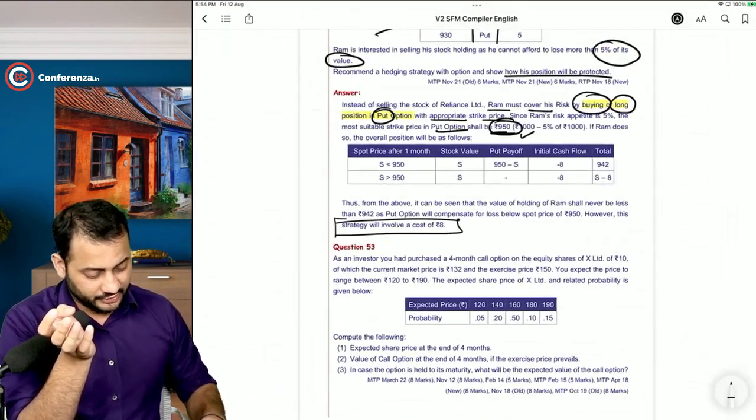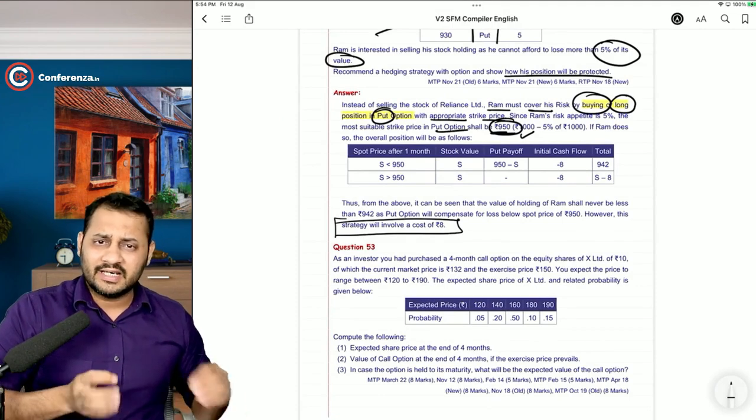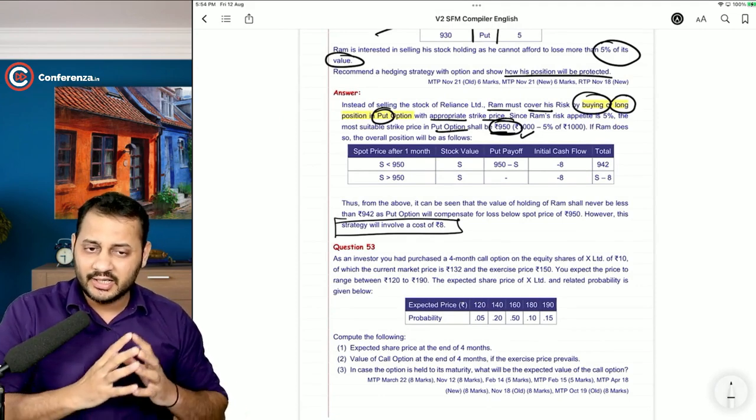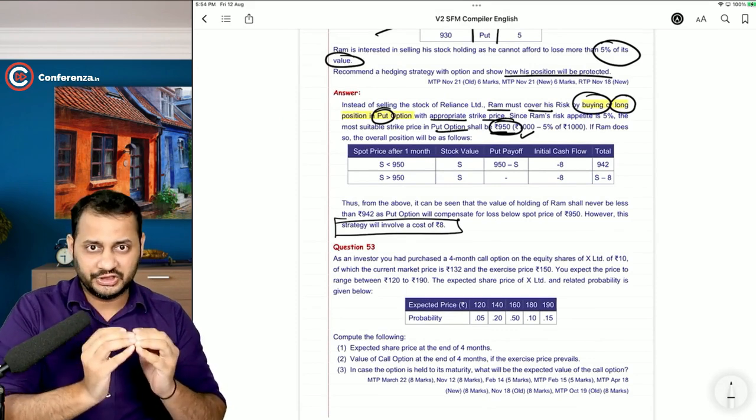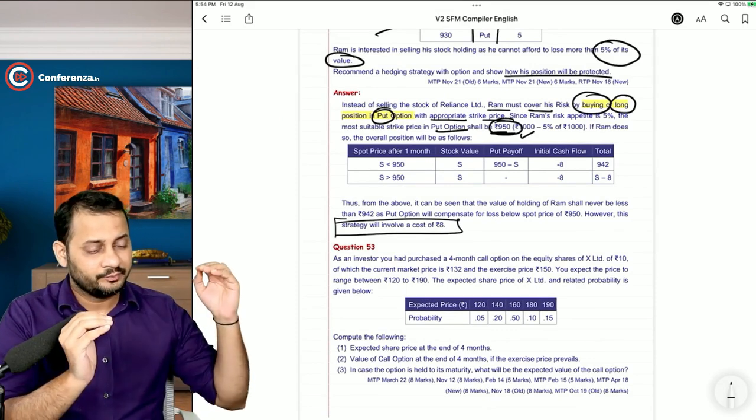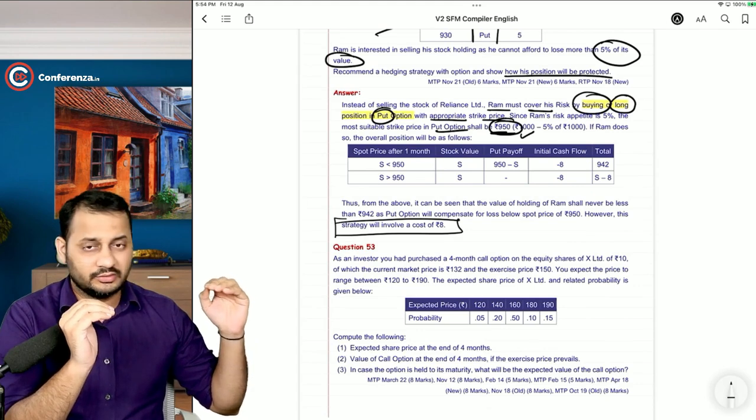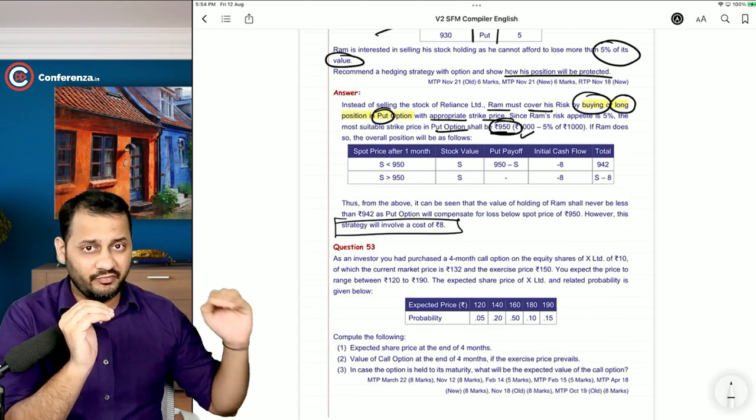Okay, sir. So this question is over. Sir, what exactly is the answer to this question? I just got confused. I will tell you. You had a long position in the spot market, and you didn't want to lose more than 50 rupees on that share.